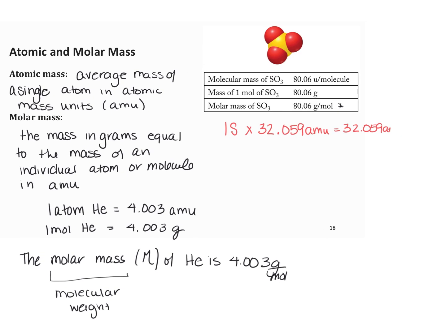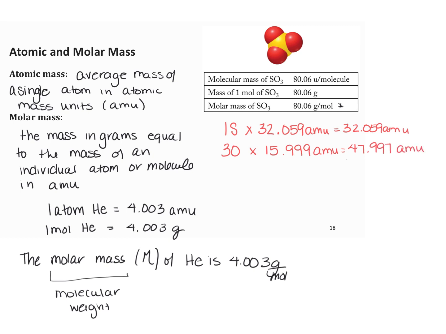Ran off the page there. Let me readjust, right? AMU. And then we have 3 oxygen atoms, and we multiply that. That's 15.999 AMU. And that gives us 47.997 AMU.